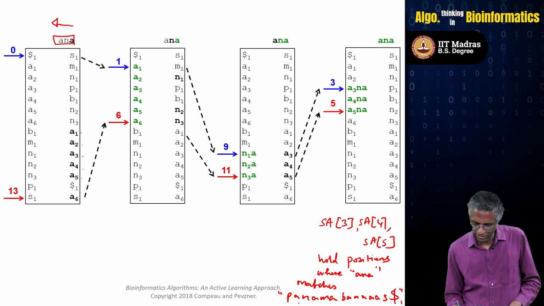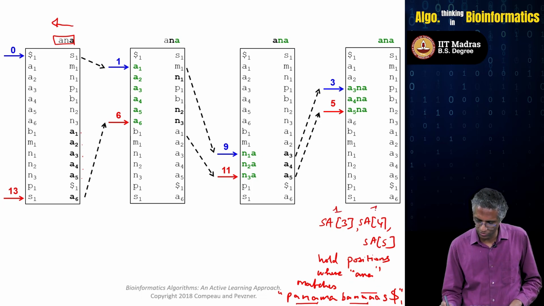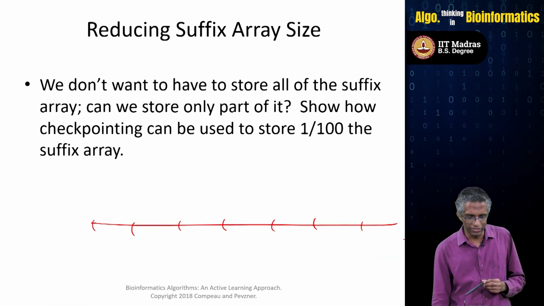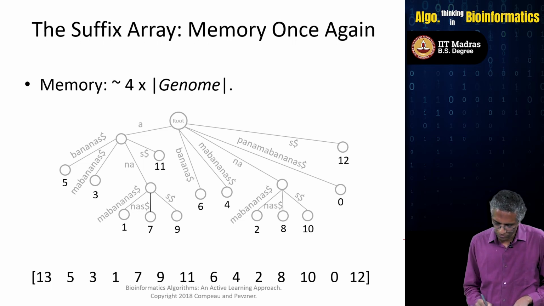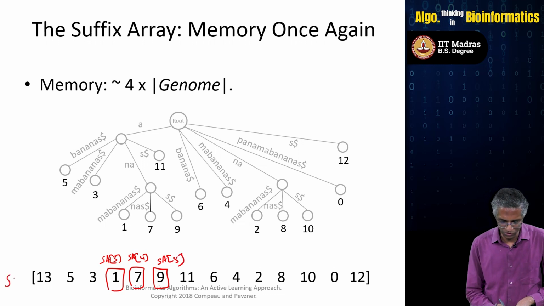Right? And this will be number 1, number 7 and number 9. Okay, so this will be 1, this will be 7, this will be 9, which is indeed what we saw in the previous slides, if you remember it. This is 1, this is 7, this is 9, this is SA of 3, SA of 4 and SA of 5. This is your total suffix array.